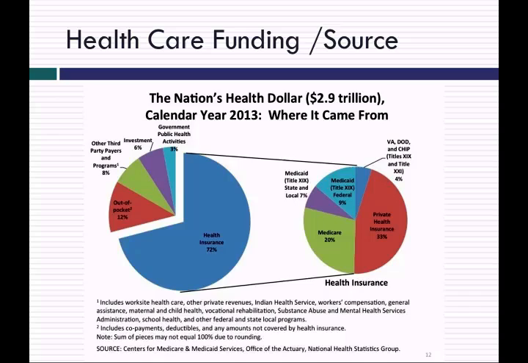Private insurance accounts for the largest majority of health insurance. So again, we're in that entrepreneurial system, low government control, higher percentage of private sector, slightly less governmental control over our health service system. 33% of health insurance is accounted for by private health insurance, 20% by Medicare, 7% by state and local Medicaid, and 9% by federal Medicaid. So that's a distribution of where those health dollars come from.